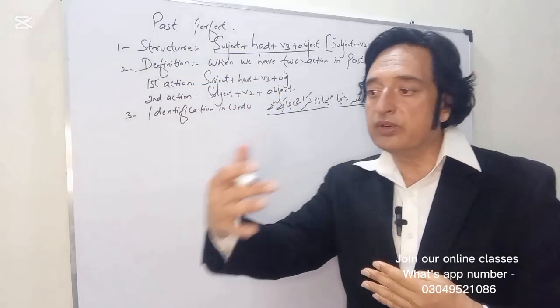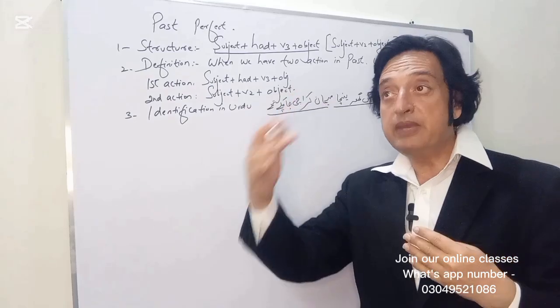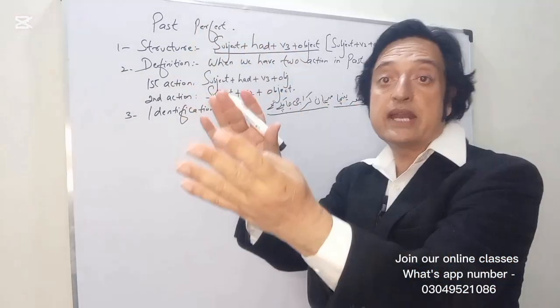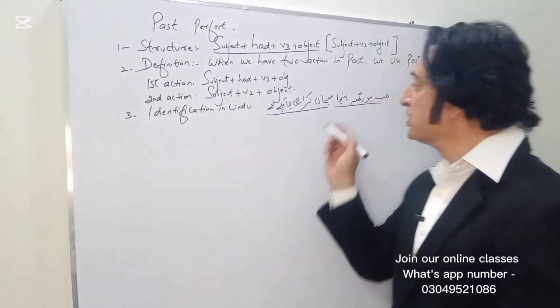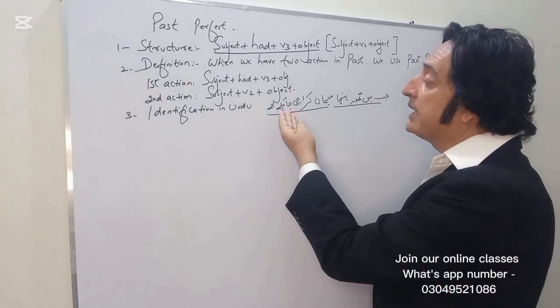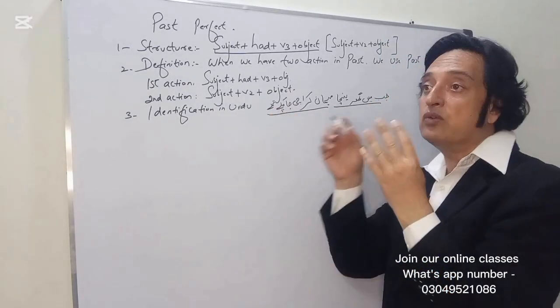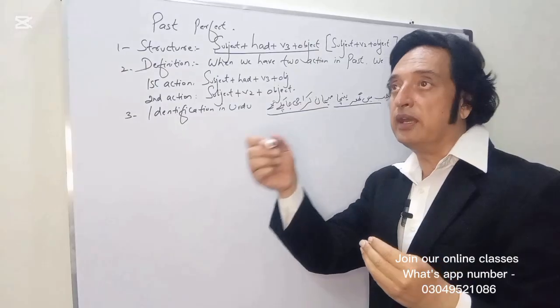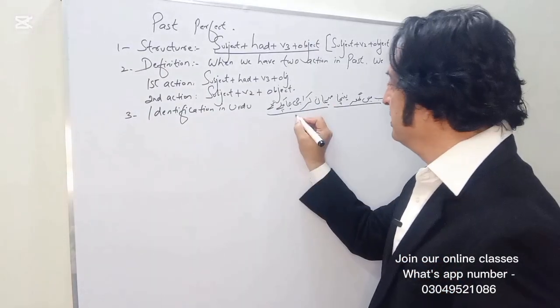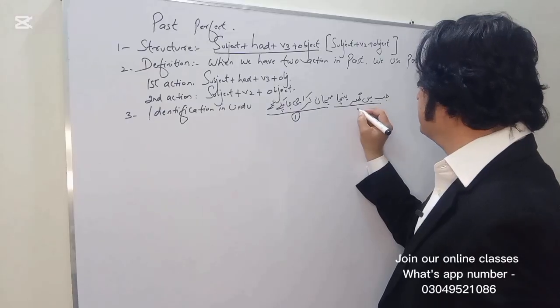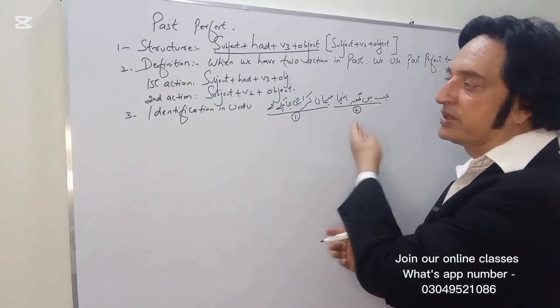When you reached home, nobody was there. So first the guest had gone to Karachi, and then you reached home. You got the idea? In Urdu, when you find the words "ja chuke the" or "ja chuki thi", it means this is the first action, and the other one is of course the second.